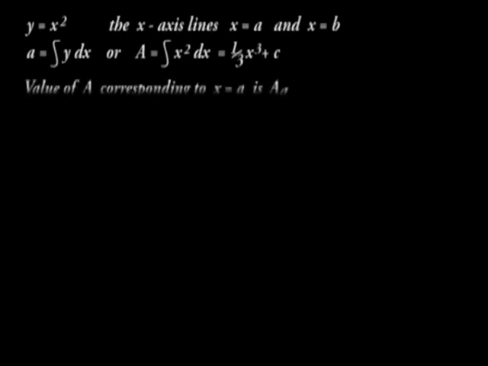The value of area corresponding to x is equal to a is area A. Area A includes the whole area from negative infinity up to and including x is equal to a, written as area A equal to 1 over 3 a cubed plus c.